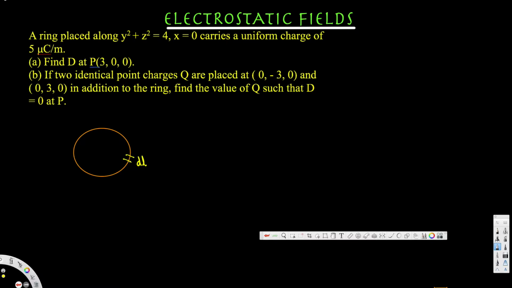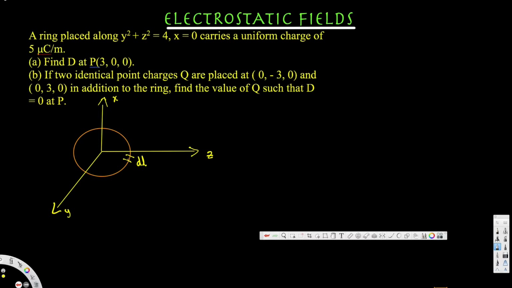So there's going to be an electric field due to this one, but let's go ahead and draw the xyz axes first. Let's draw 3 axes first. Let's say this is our x-axis, this is our z-axis, and this is our y-axis.